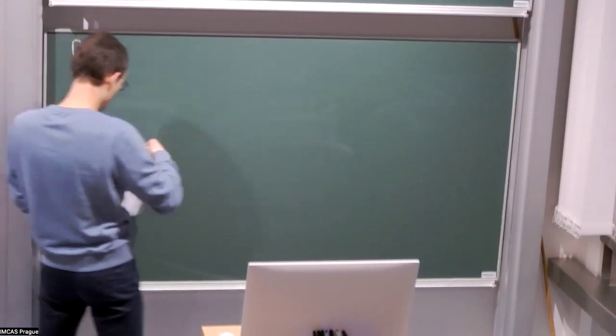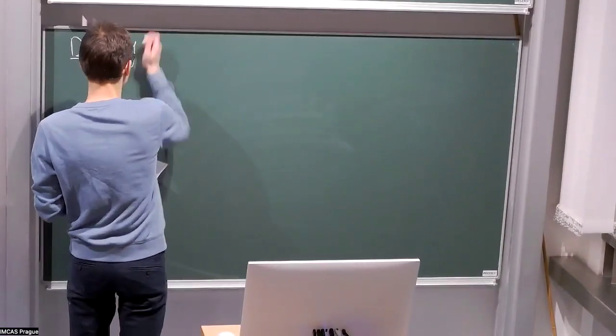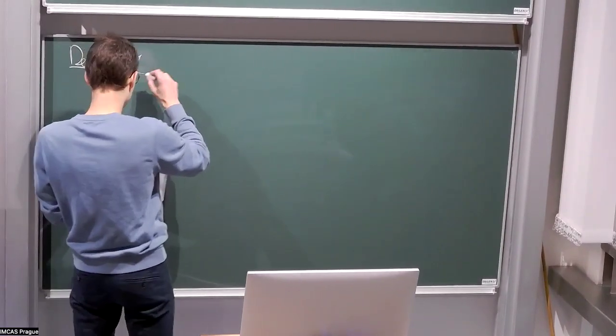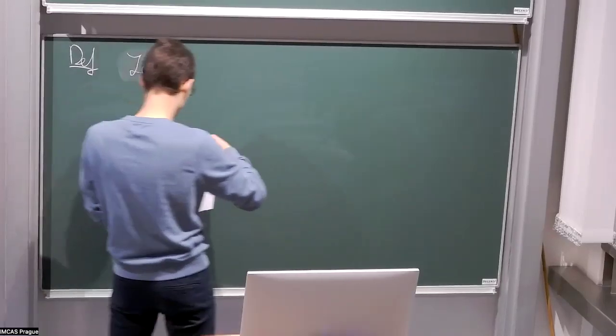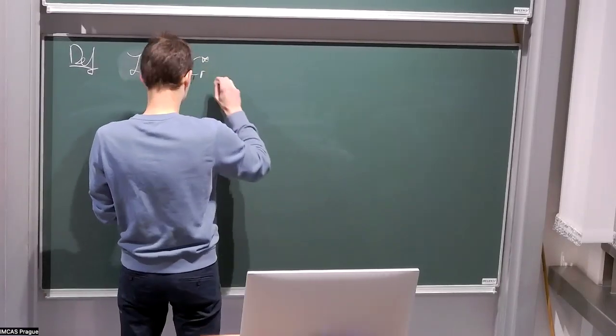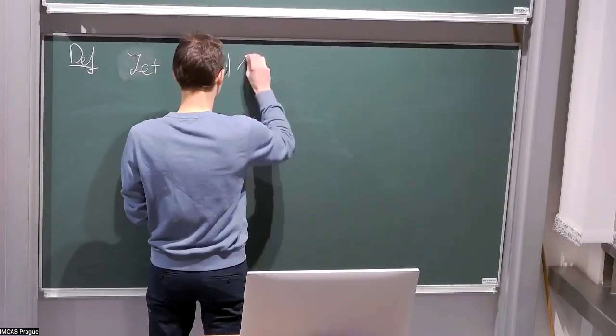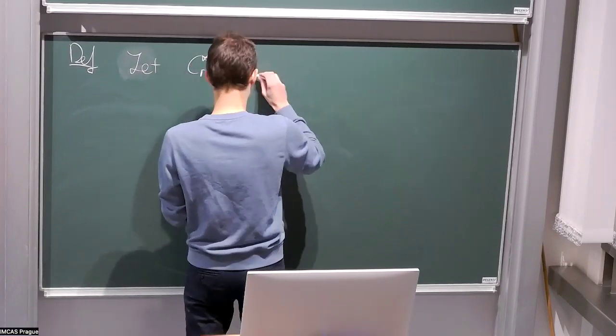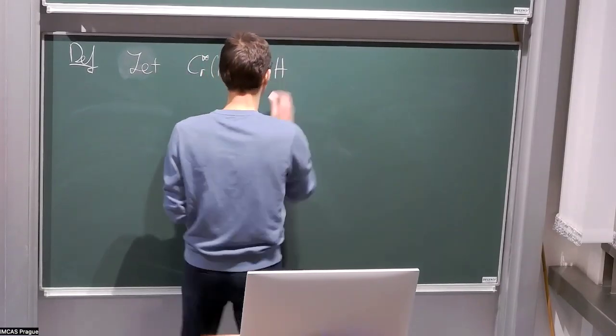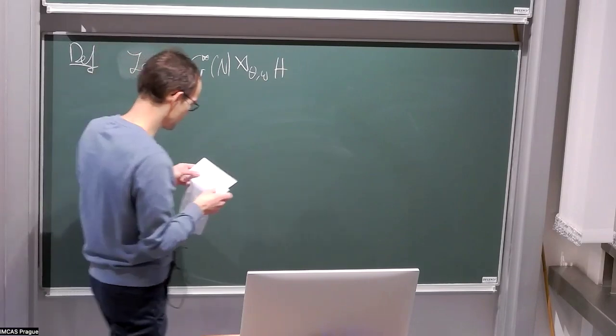Now I'm going to define the twisted cross product, but in a very vague way. So take this C-star algebra, which we call the twisted cross product.